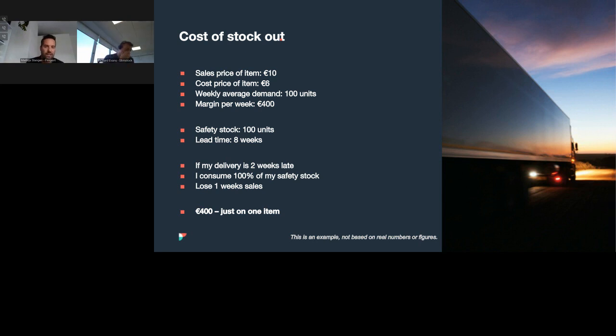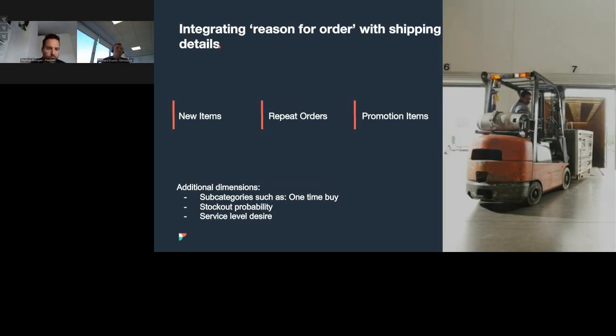Can we actually use your information and add that to, let's say, the product description that we have right now? And that would look a little bit like this. We're integrating the reasons for order, the reasons for purchase, which is the information that we're getting from you, with the shipping details. So we're adding that to the shipment lifecycle.